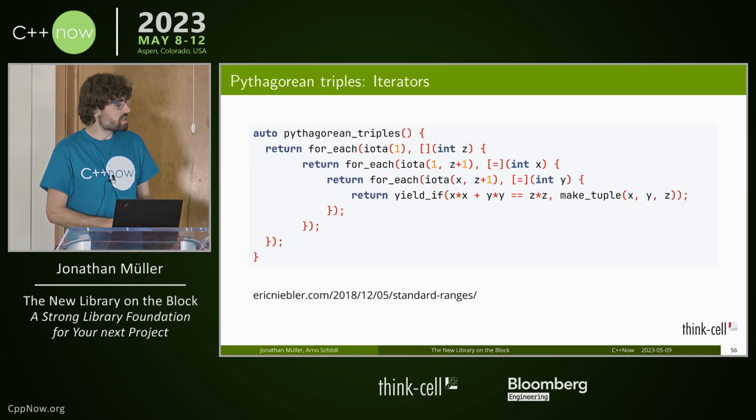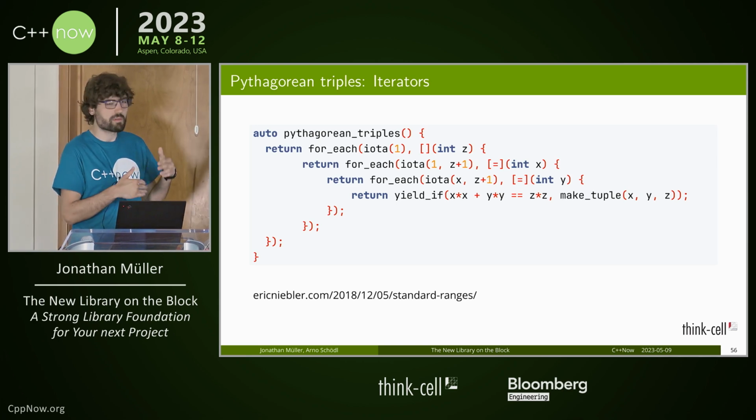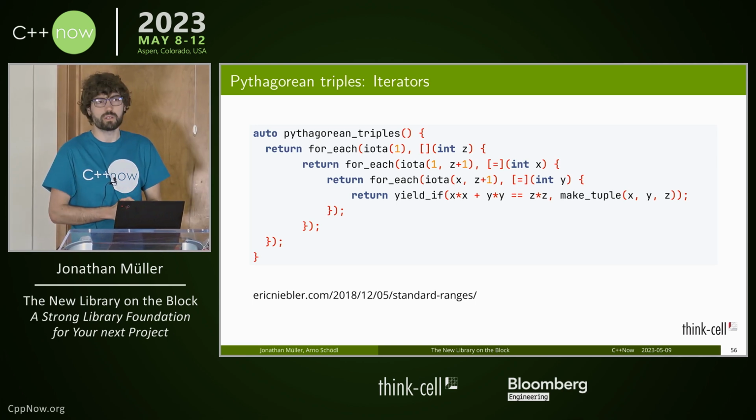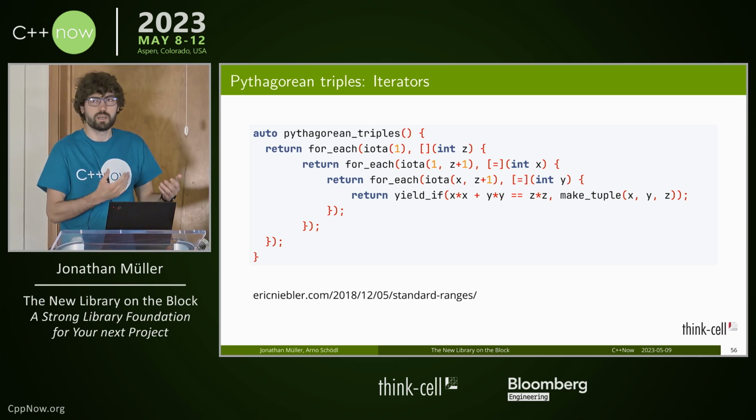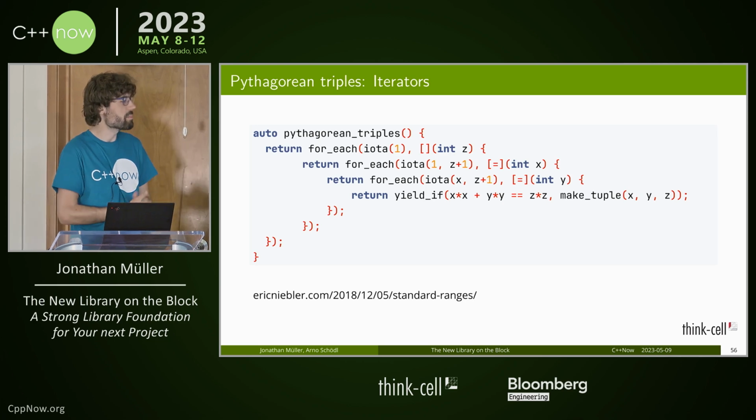A couple years ago, Eric Niebler wrote a blog post about standard ranges where he had this example that computes the Pythagorean triples. And this caused a bit of controversy because this is a lot more complex code for the compiler than the equivalent code using just the three for loops. Compilation times increase. The optimizer has more work, so this was a bit of drama at that time.